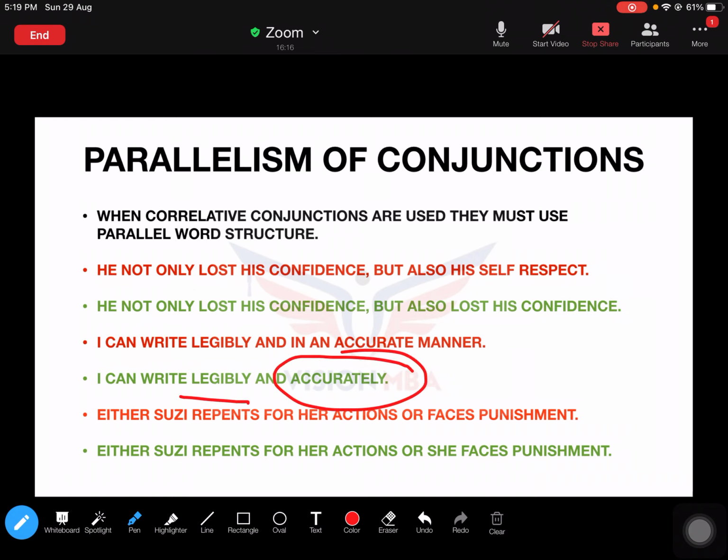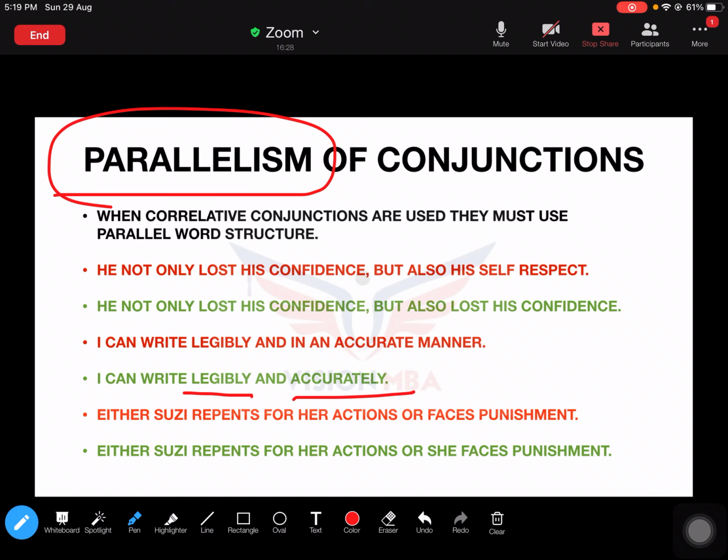Legibly, accurately. That's how it's going to go. Because I have to maintain the word form. I have to maintain the structure of the sentence. Parallelism means when things are same, equal, in one pattern. In a sentence, basically you have to follow the same pattern.